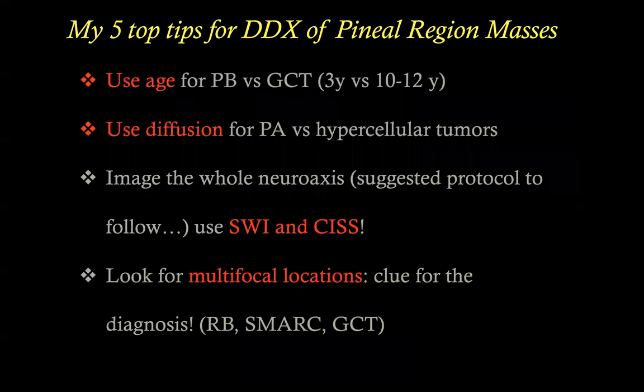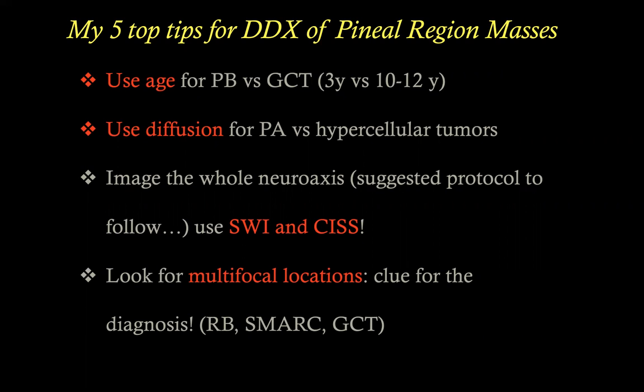So my top tips for differential diagnosis in pineal region masses, and of course we touched also on the suprasellar. Use age to differentiate pineoblastoma, or in general embryonal tumor, and germ cell tumor. Use diffusion to differentiate pilocytic astrocytoma and low-grade gliomas in general from hypercellular tumors.